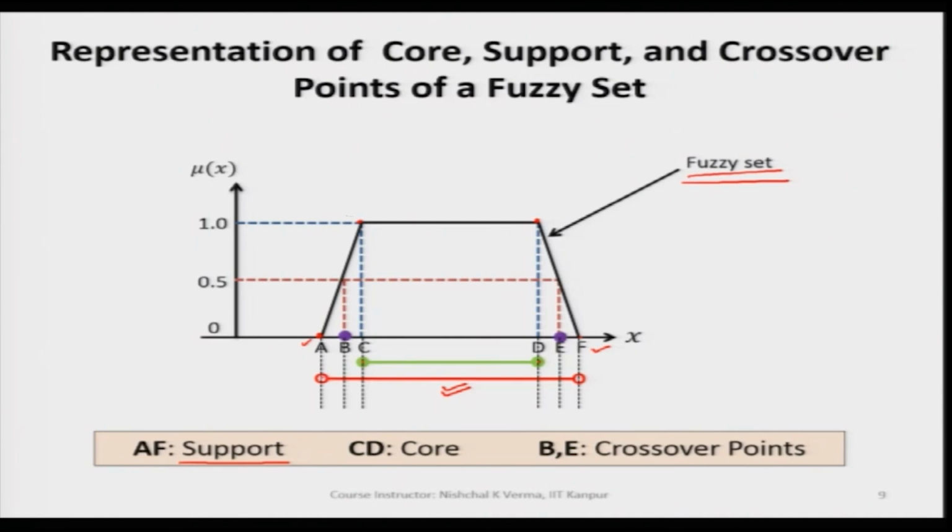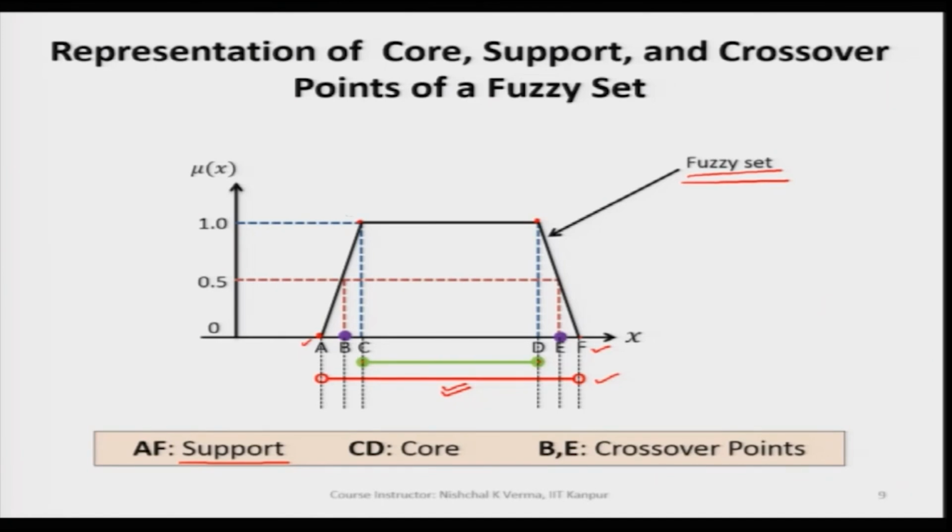It means that the generic variable values for which mu(x) is 0 are not included at both the ends. So, this way we clearly understand what the support of a fuzzy set is.